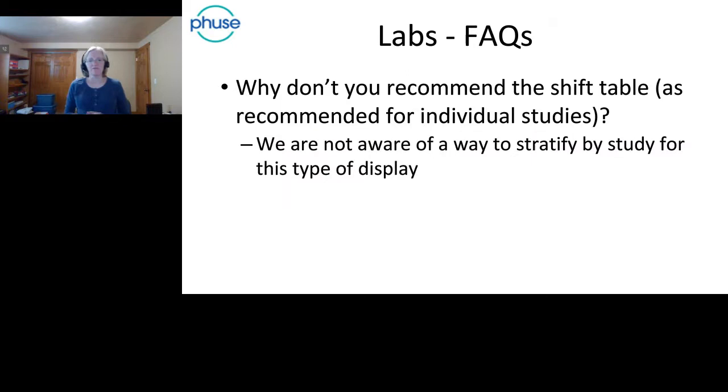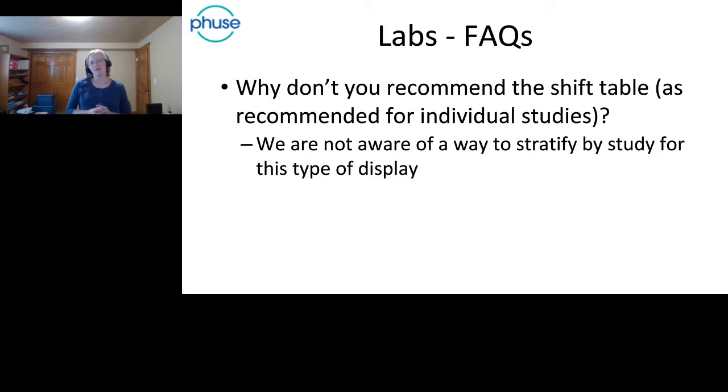Some other lab FAQ. So why don't you recommend the shift table, right? Because this is recommended for individual studies, and this is the one that has low, normal, high, missing at baseline versus low, normal, high, missing post-baseline. A lot of people like that shift table for individual studies, although scatter plots usually have some benefits over that.